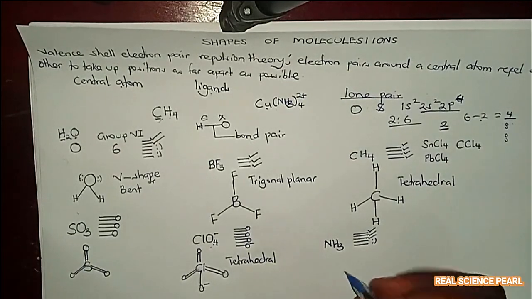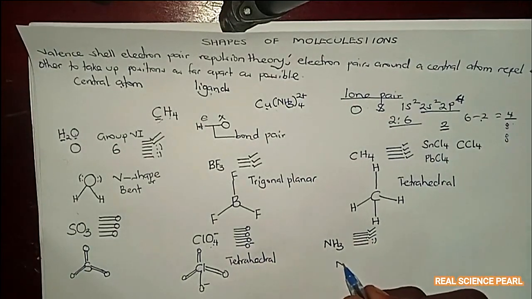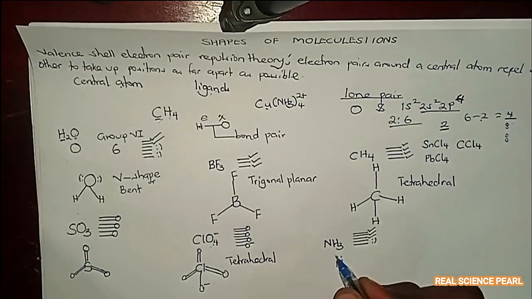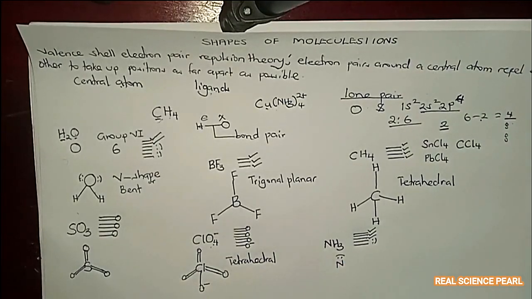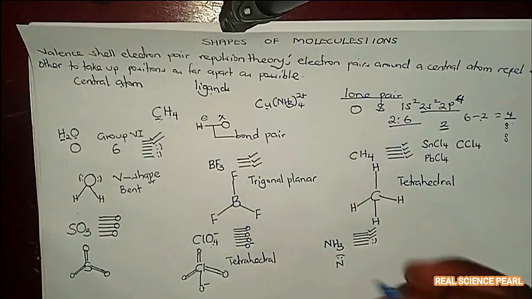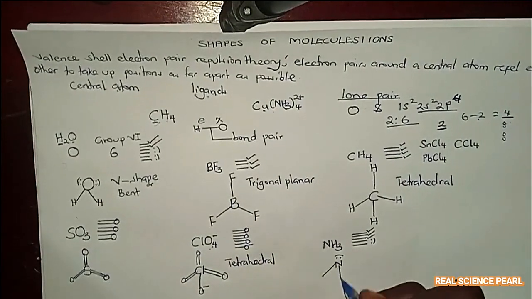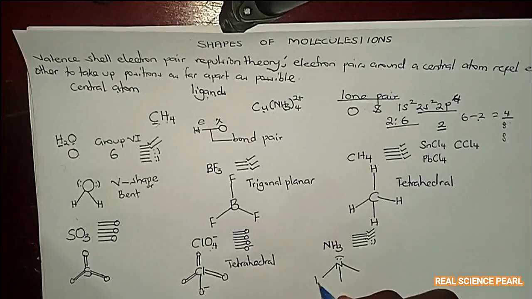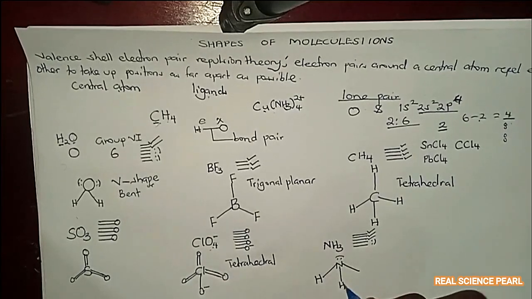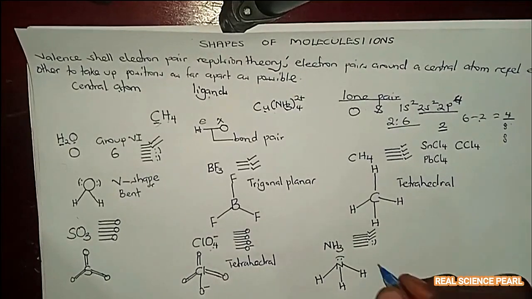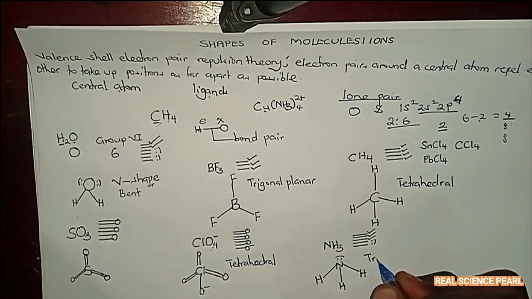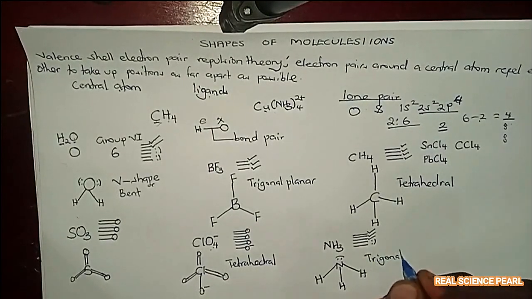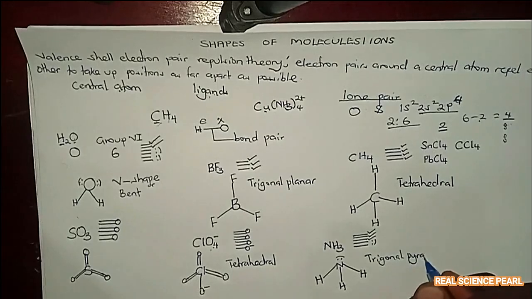And since we said we want to minimize repulsion, it means the lone pair, it will be found on top, where it will repel the 3 bond pairs in a trigonal pyramidal way, so as to minimize repulsion. So this is called trigonal pyramidal, like that.